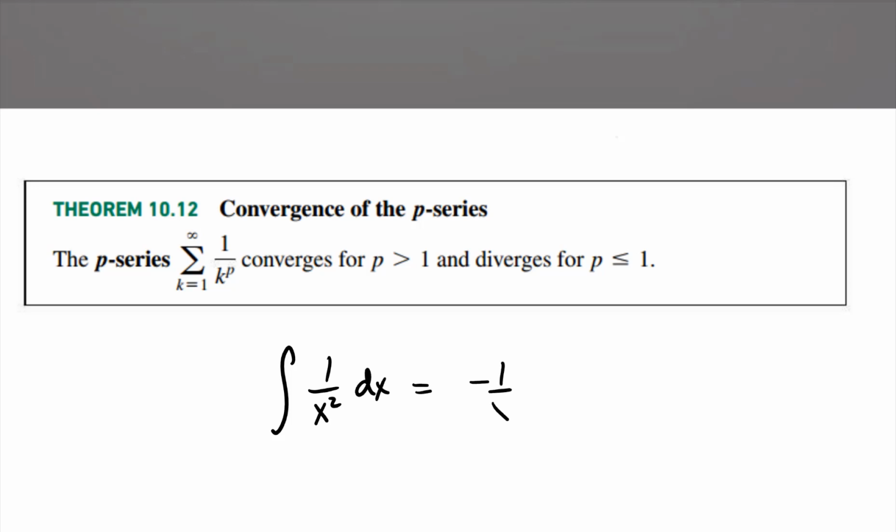Well, we get negative 1 over x plus c. But what would happen if we had an infinite value? If this was an infinity up here, that would go to 0. Therefore, like little integral test stuff would show us that would be good. That would go to 0. We would just be left with whatever the constant was.